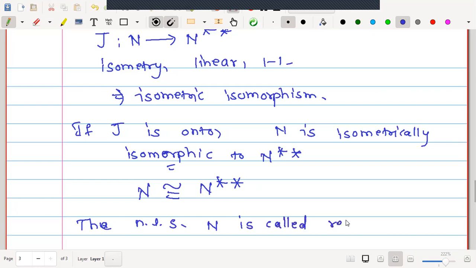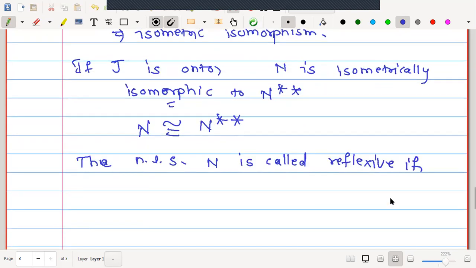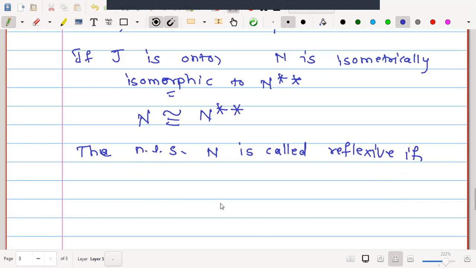If n is isometrically isomorphic to n double star.